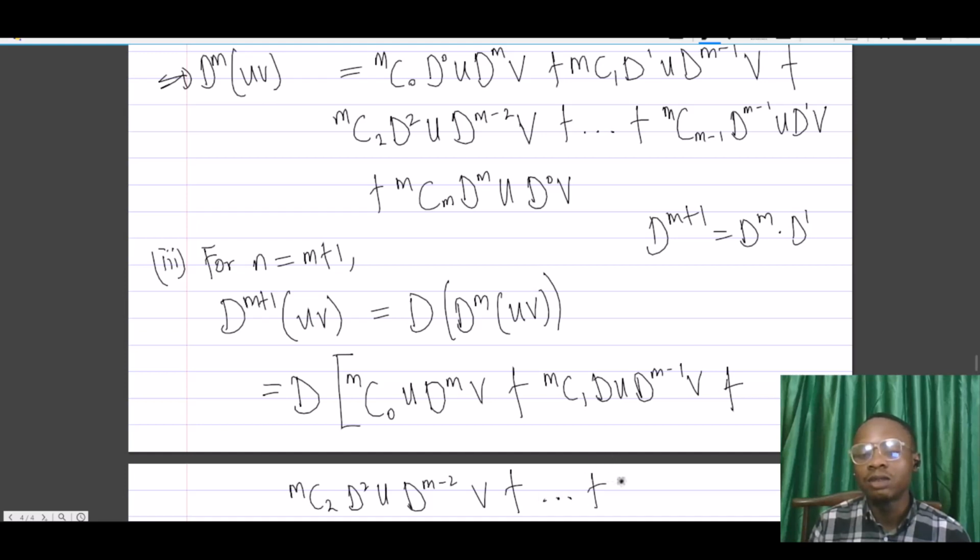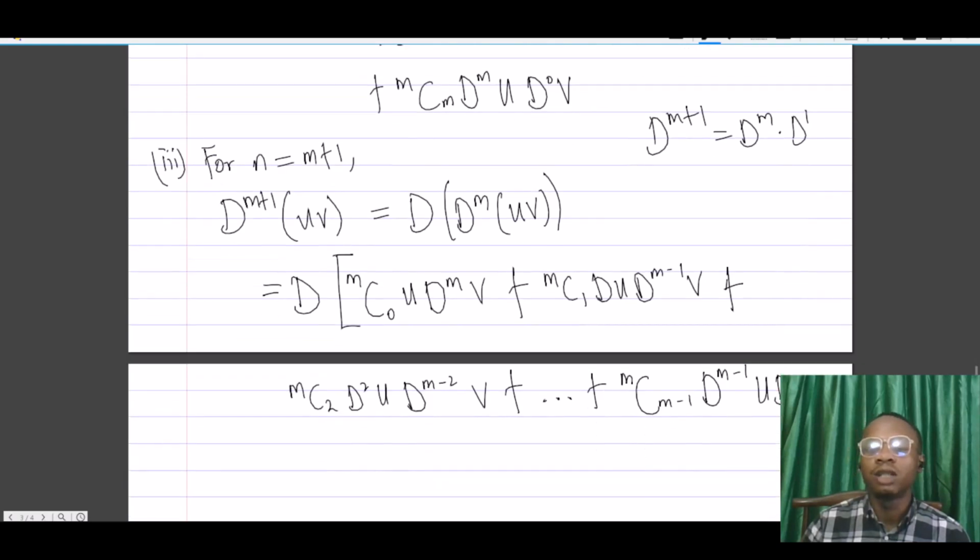Then when we get to the second to the last term, this is m combination m minus 1. Then we have this to be d m minus 1 into u, then the v. Then finally, for the last term, we have plus m combination m, dm of u. Then this is the 0 of v, that is just v itself.